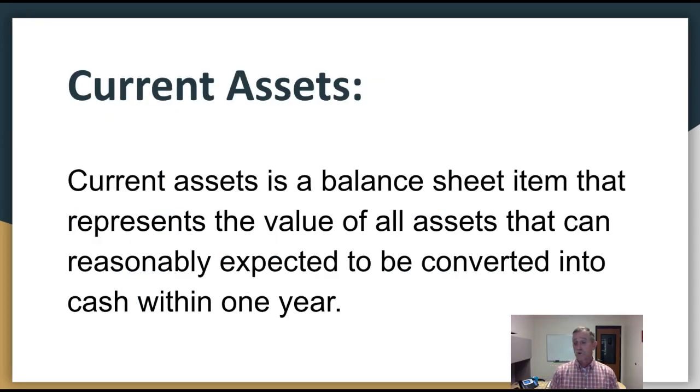So we want to break down these categories within the asset class, and the current assets are all those things that we could reasonably expect to be converted or already are cash within the next year. So in the next 12 months, we could reasonably be assured that they will be or can be converted into cash. Okay? And the other thing that we wouldn't put in here is our factory.